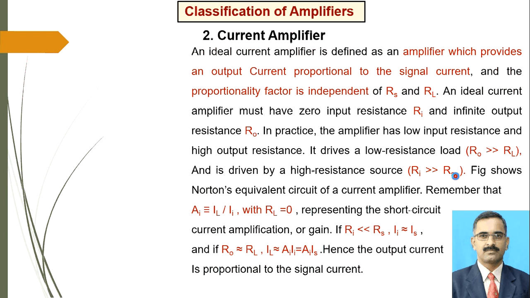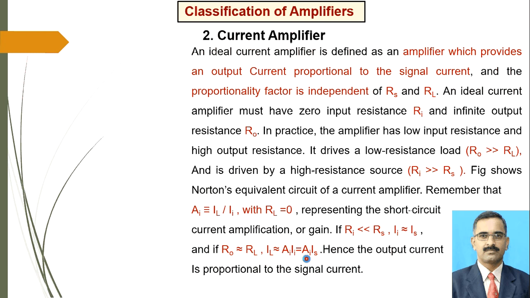If Ri is very less than R naught and Is is nearly equal to Ii, and if R naught is nearly equal to RL, then IL is nearly equal to AI into Ii, or AI into Is.